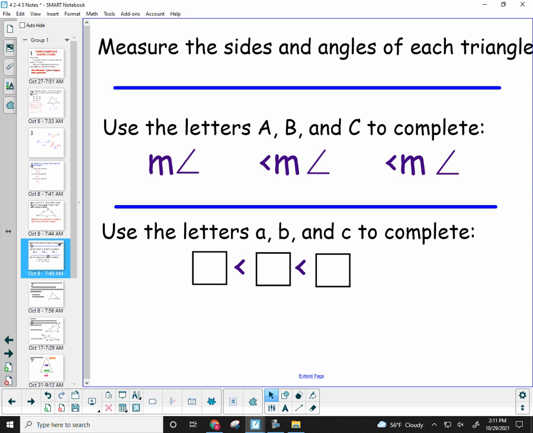And you're supposed to share the responsibility. One person makes. Okay, so mine should be just a triangle. So measure all your sides, measure all your angles.